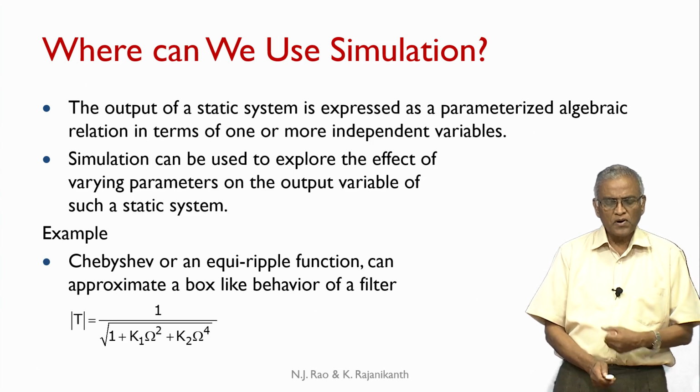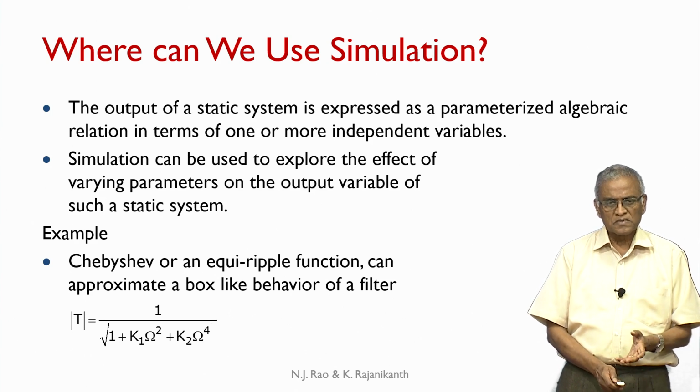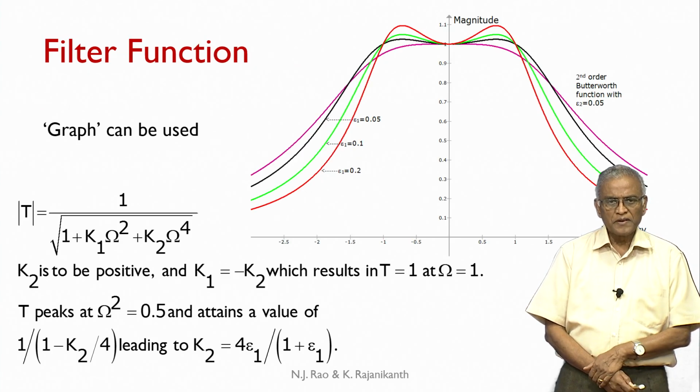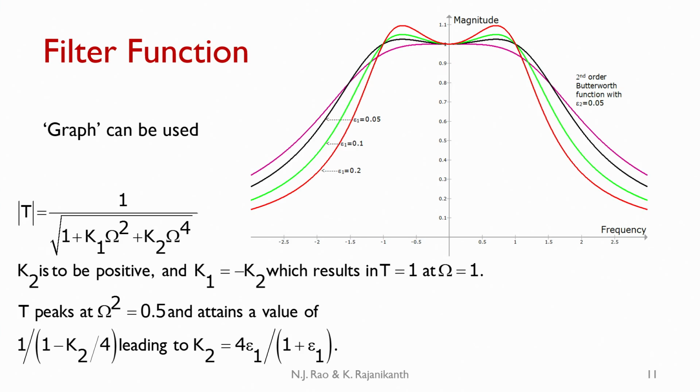But if I want to keep on exploring the effect of these parameters k1, k2, and how exactly the magnitude of T changes, then a simple open source tool called Graph can be used, and it provides a lot of facilities. I can expand the y axis, x axis, put colors to different things, adjust the amplitudes and so on, and as a function of frequency the magnitude is plotted.